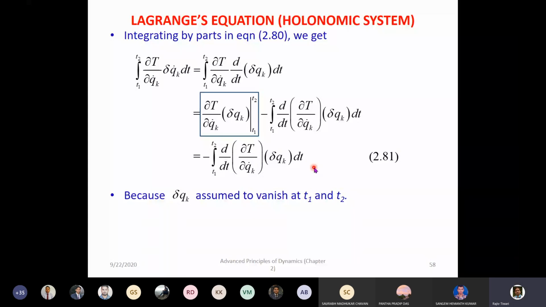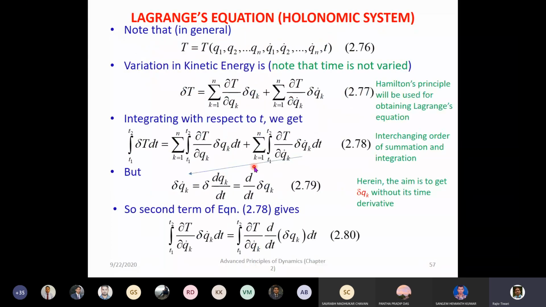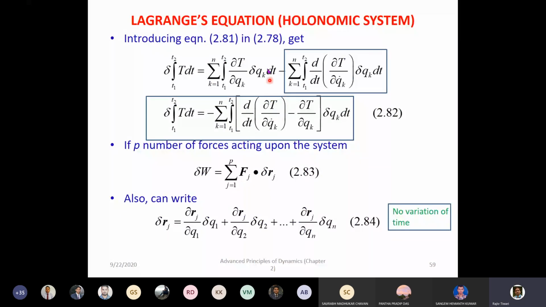So we're left with only the second term like this. Now we have obtained integration by part of the second term of the previous expression. This we'll substitute here, and because this also contains delta Q variation, they can be combined in this form. So this is the first term as it is. Second term after integration by part, we got this, and now we combine this because delta Qk is common here.